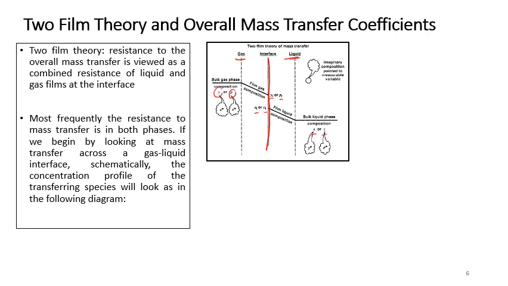So the idea here is film theory: resistance to the overall mass transfer is viewed as the combined resistance of the liquid and gas film at the interface. Because anything in life, I think I've mentioned this to you many times, the rate of anything is equal to the driving force divided by resistance.